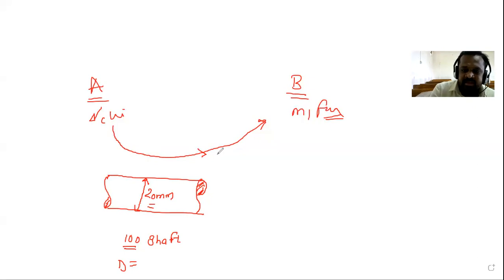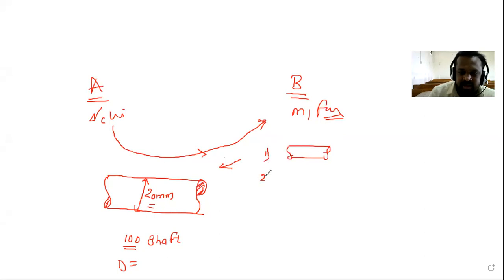Now tell me, the B person has started manufacturing this shaft of 20 mm diameter. Suppose they have prepared shafts like this.